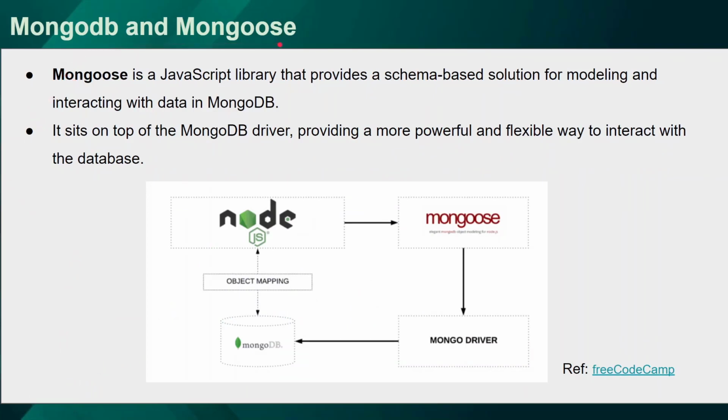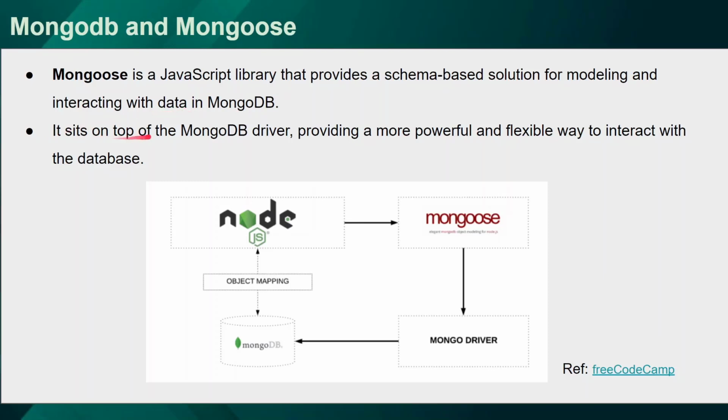And so Mongoose is a library, right? It's sort of an intermediate layer that we are going to use when we are dealing with MongoDB by using Express. Mongoose is a JavaScript library, and it provides a schema-based solution for modeling and interacting with our database, which means MongoDB.